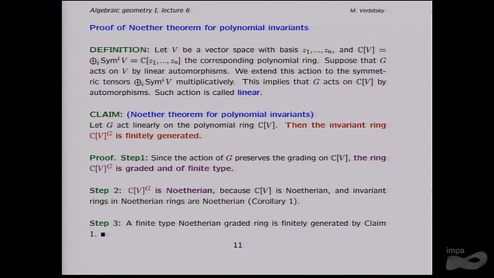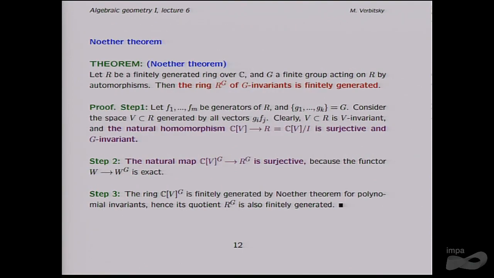Okay. Now the rest. The rest is clear because of exactness of the invariants functor. So we have G acting on R, which is finitely generated. Of course, there could be a problem because the generators are not G-invariant.